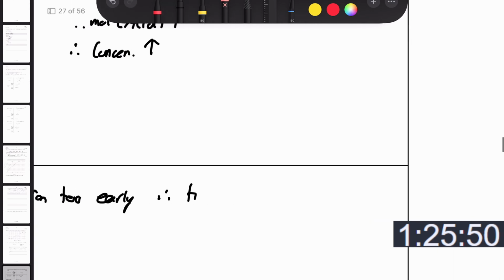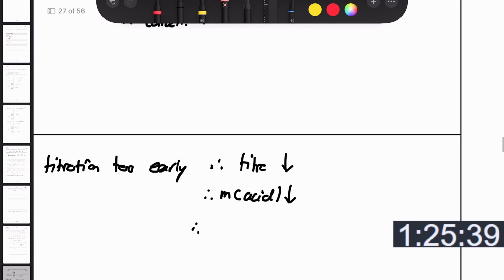Therefore, the titer amount decreases. Therefore, the moles of acid would also decrease. So then the concentration would decrease.